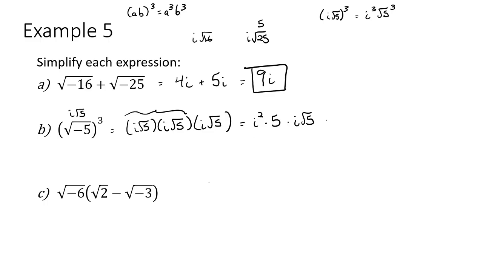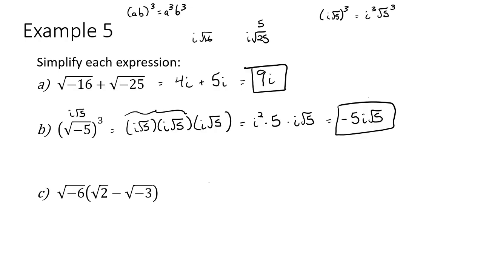I squared we could also replace with negative 1, so this is a negative 5 times i square root of 5. And because we picked out two of these to multiply together, we now have an i to the first power, which we can't simplify any further, and we have a square root of 5 that we can't simplify any further. So this is the simplified final answer.